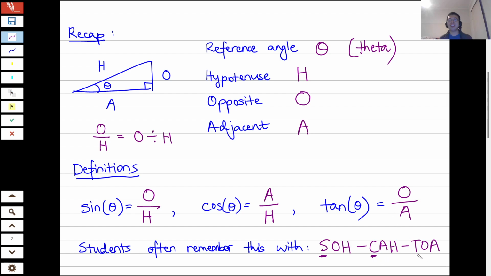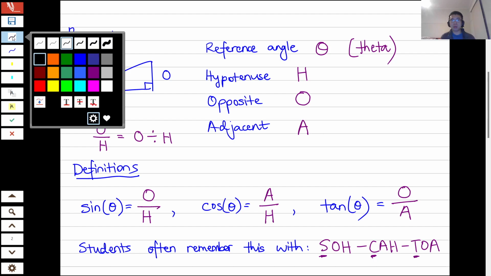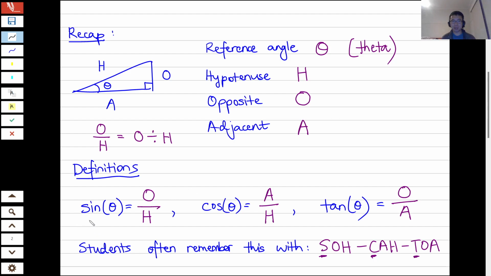Cosine is adjacent over hypotenuse. And tan equals opposite over adjacent. So the S, C, and T stand for sine, cos, and tan, respectively. One thing that I should also add is sometimes people refer to these as sine, cosine, and tangent.